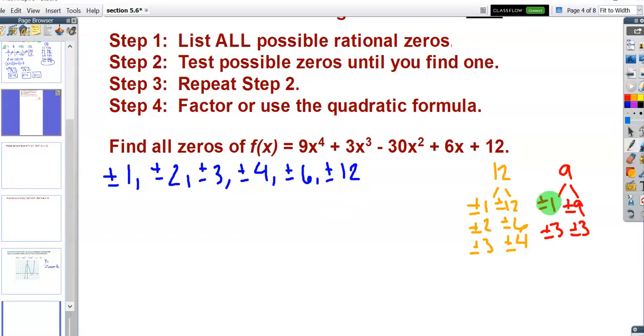Then move to the next factor in the denominator and write every number from the first list over that second number.